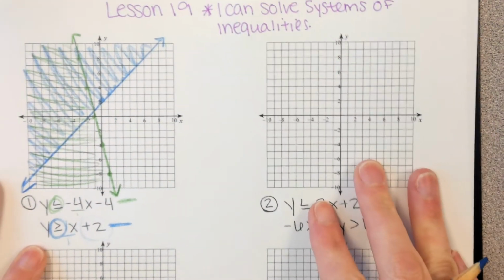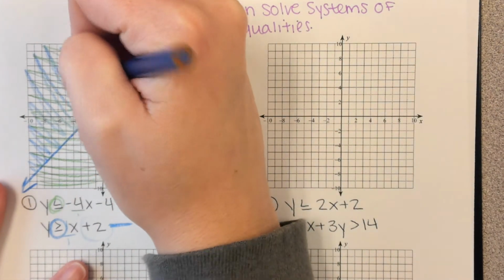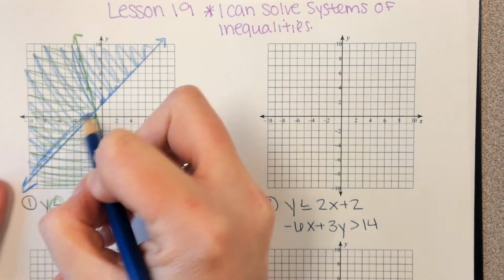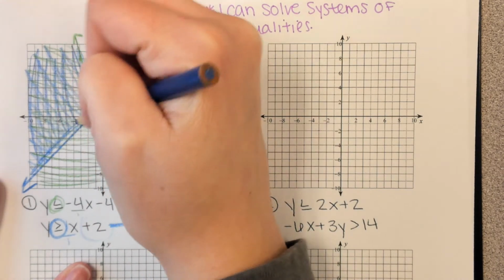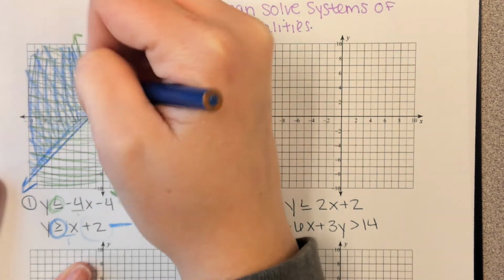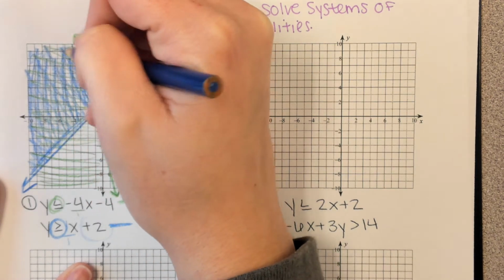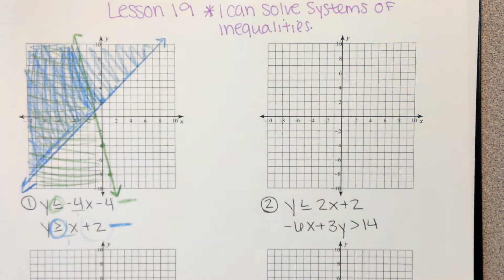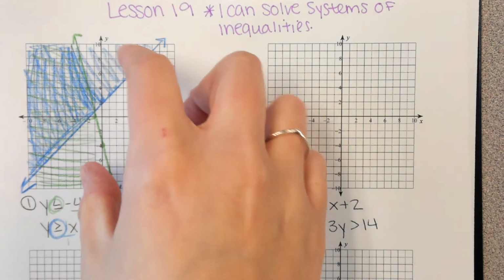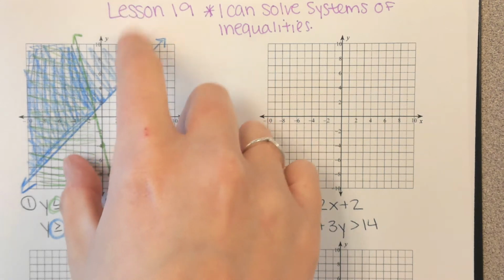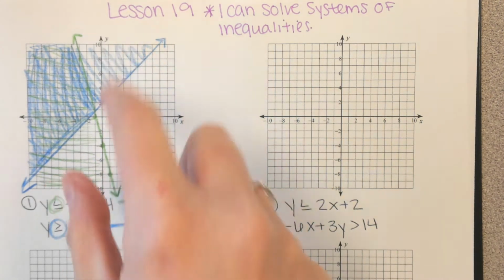As you can see, we have a section where those colors overlap. This is where our solutions can be found. So our solutions are any coordinate point in that overlapped region. Now, in your multiple choice questions, it might not show you these two portions colored with one color.